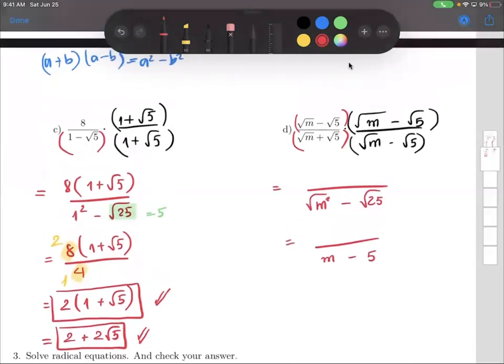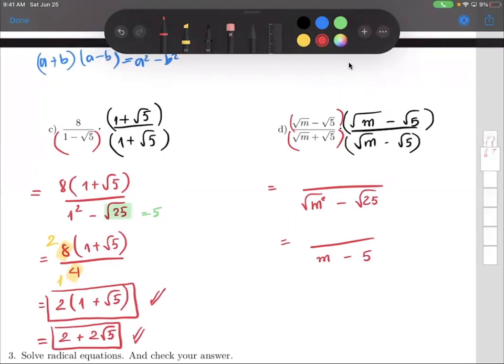Right. Now the top, they are the same sign, so you have to FOIL. There's no other way around. So square root of m times square root of m is square root of m squared. Square root of m times negative square root of 5 is minus square root of 5m.